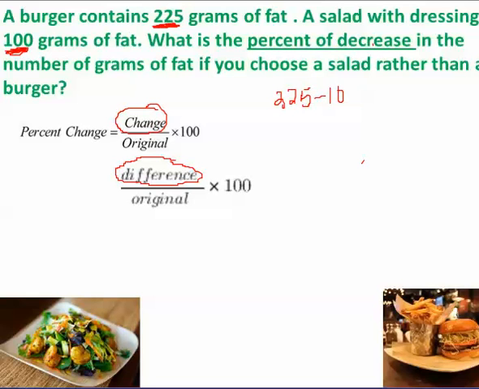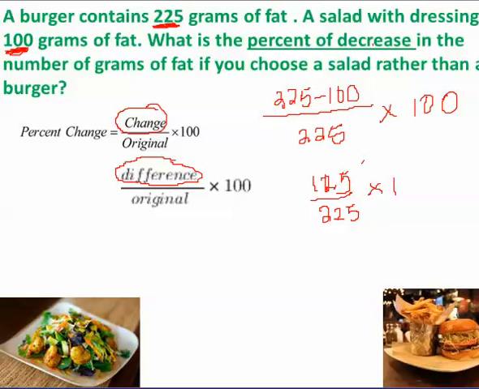Okay, so 225 minus 100. Those are the two that we're looking at the difference of. And then we want to divide by the original amount. And we're looking at a percent decrease in grams. So the original amount is the higher amount, 225. And then I always multiply by 100 at the end to get my percentage. 225 minus 100, that's easy enough. That's 125 divided by 225 times 100.